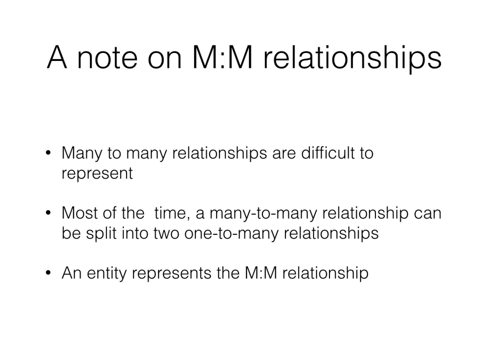So, let's talk a second about many-to-many relationships. They're usually very difficult to represent. While I gave an example on the last slide, most of the time, a many-to-many relationship can be split into two one-to-many relationships, or a number greater than that, with an entity representing the many-to-many.